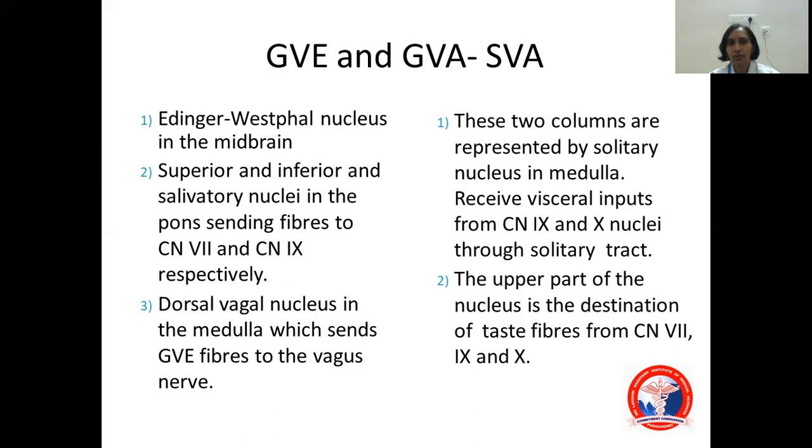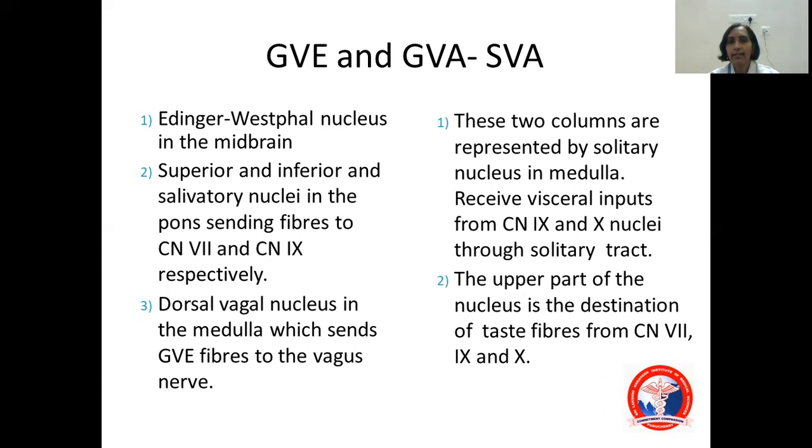The inferior salivatory nucleus fibers which pass through the ninth or glossopharyngeal nerve relay in the otic ganglion and then supply the parotid gland. The superior salivatory nucleus fibers running through the facial nerve relay in the submandibular ganglion to supply the submandibular and sublingual salivary glands.